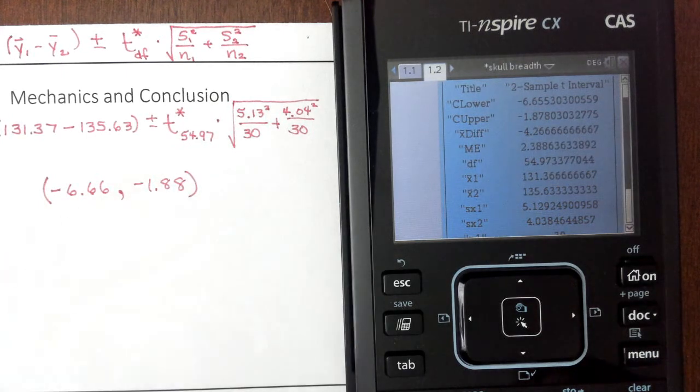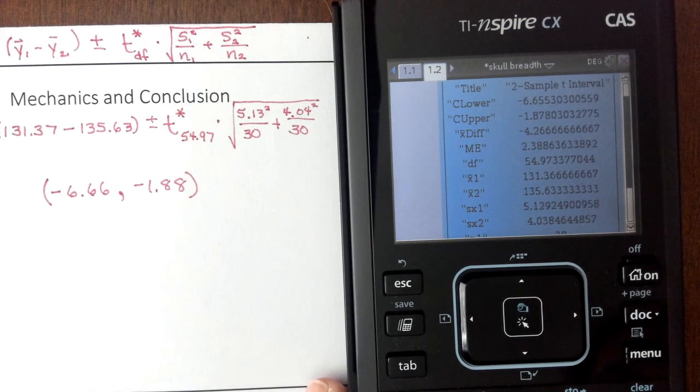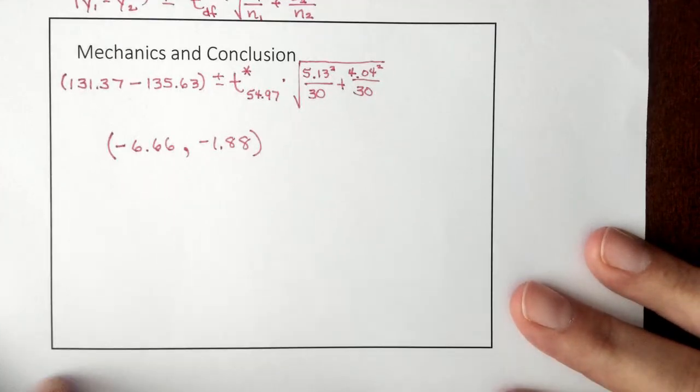So the entire interval is negative, which implies that oldest minus old is always negative, which means the old is bigger than the oldest. Zero's not in here, so it clearly leads us to believe that heads got bigger, skulls got bigger over the course of the eras. Okay, mechanics are done. So let's move on to conclusion.